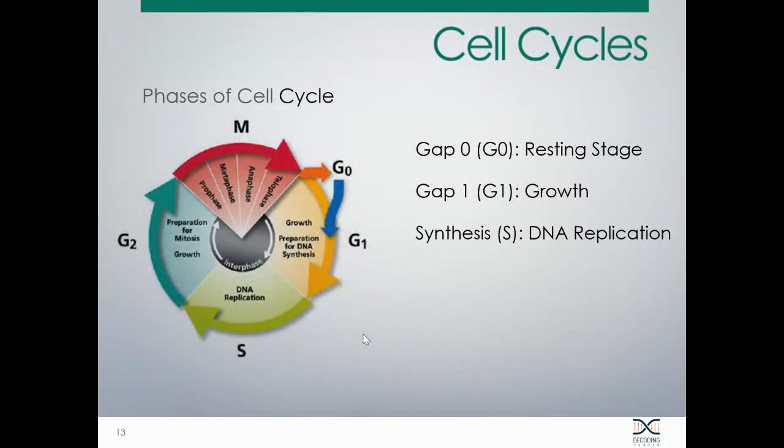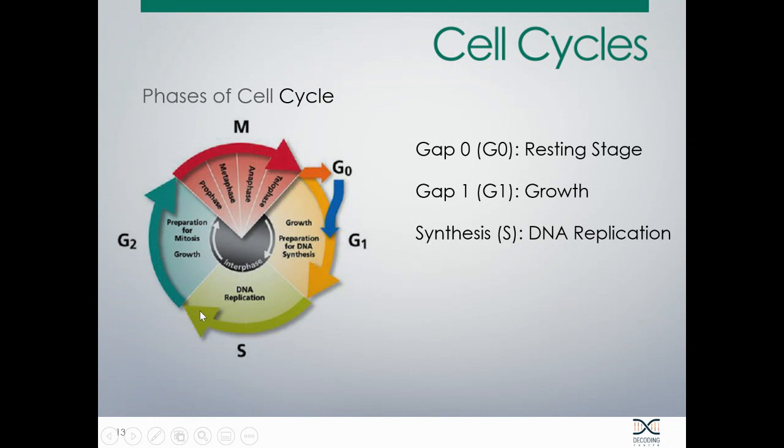When we look at the cell cycle, we have to talk a little bit about the growth phases. So gap 0, which is G0, is considered a resting phase. G1, or gap 1, is the growth phase. So it's over here, and you can see here, there's also preparation for DNA synthesis.